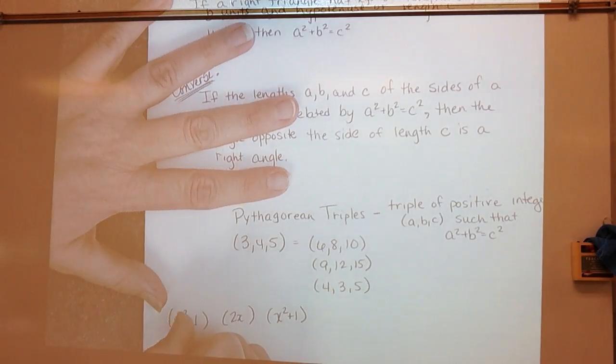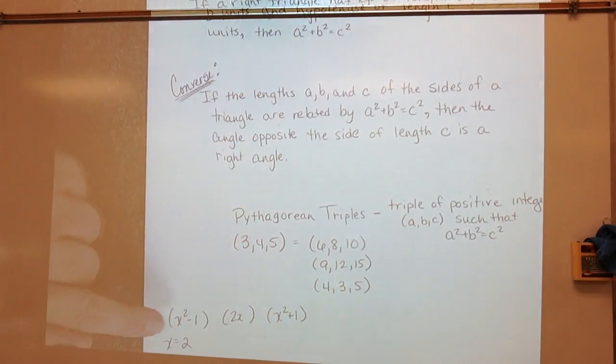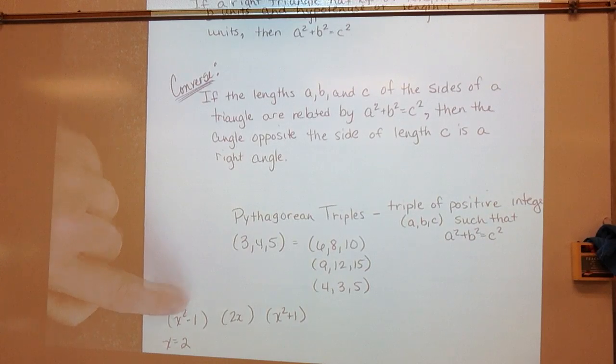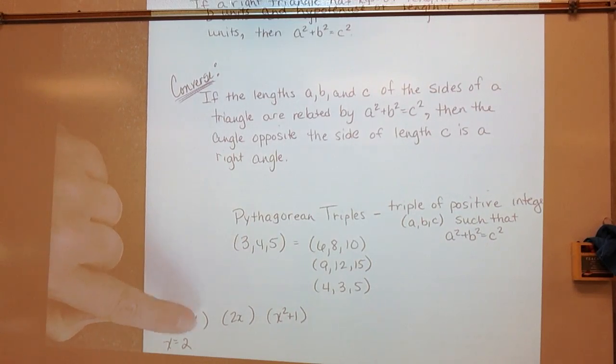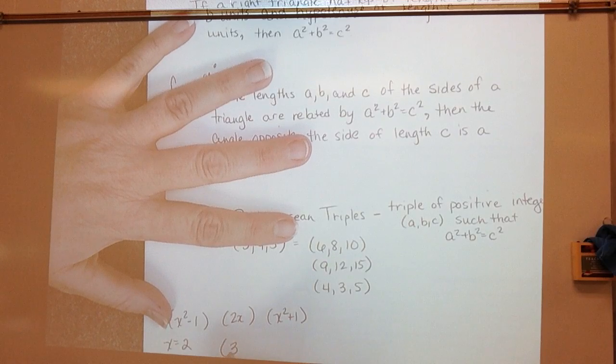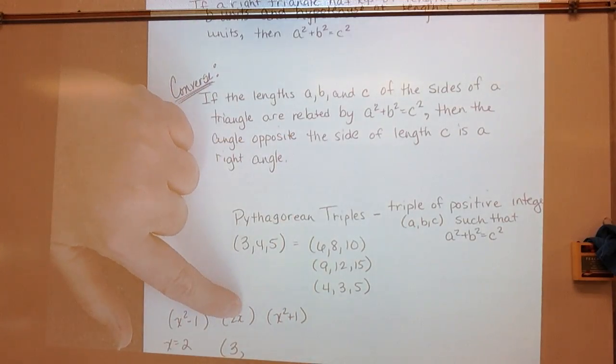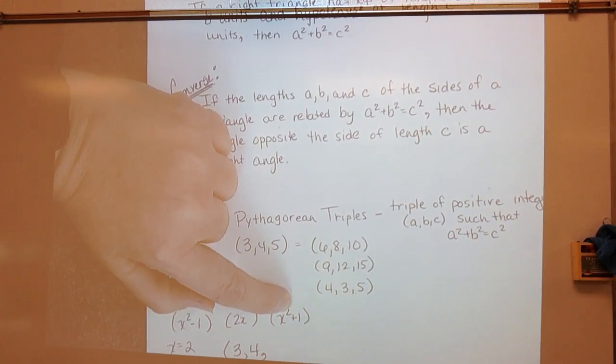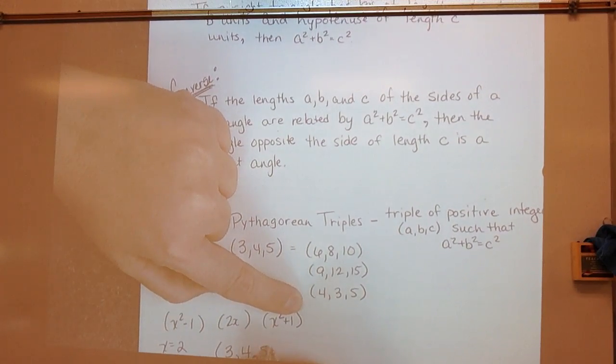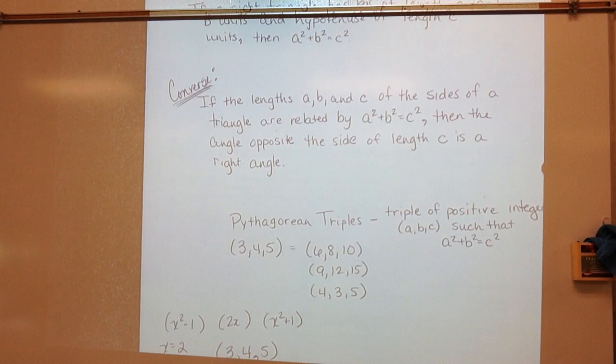So let's say I let x equal 2. Plug it in, guys. 2 times 2 is 4, minus 1, so that would be 3. 2 times 2 is 4. 2 times 2 is 4 plus 1 would be 5. So there is a Pythagorean triple. Okay?